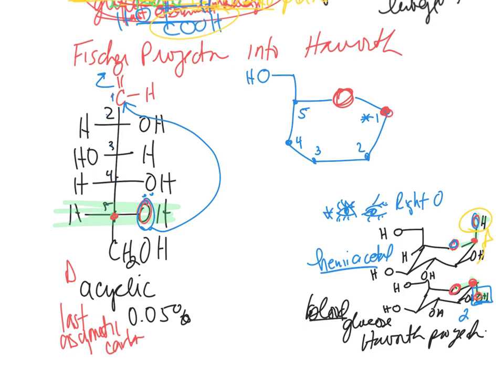Okay, the ring here, let's go ahead and make this green. This is the ring carbon. The oxygen coming off of carbon number 5, okay? And then this oxygen could go down from the carbonyl, or it could do a ring closure.